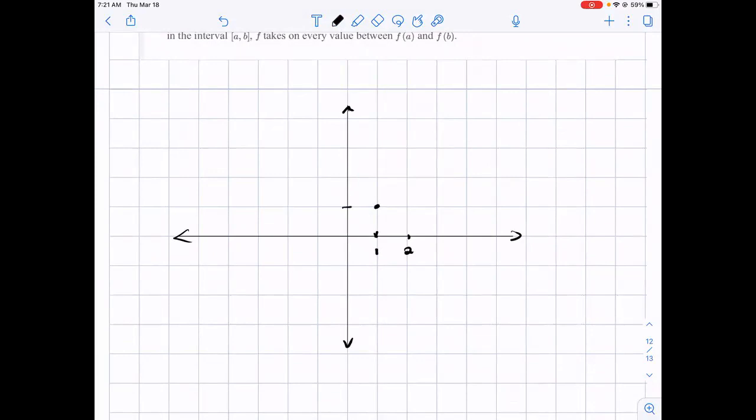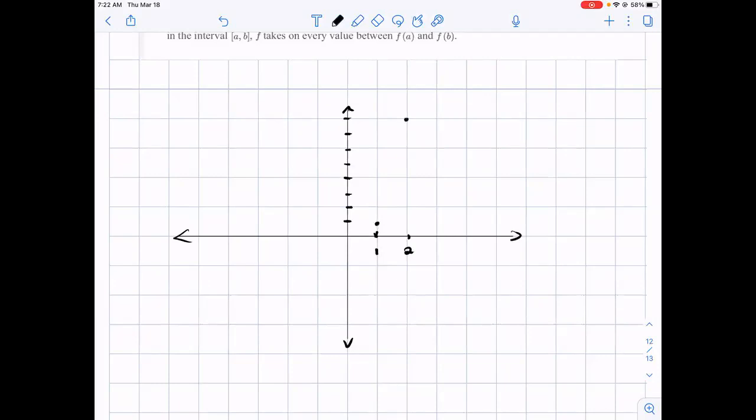So let's call the scale 1, 2, 3, 4, 5, 6, 7, 8. Here is the point 2, 8.